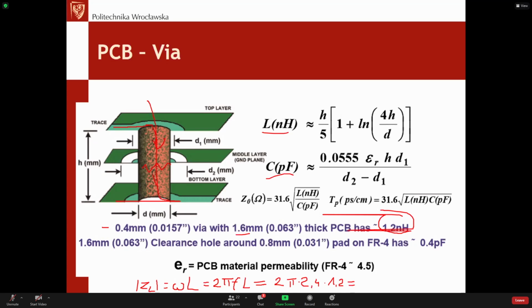Of course, nano and giga we can cancel, because it's 10 to 9 and 10 to minus 9. Let me use a calculator to give you the exact value. 2 times 3.1415 times 2.4 times 1.2, and the value is 18 ohm.